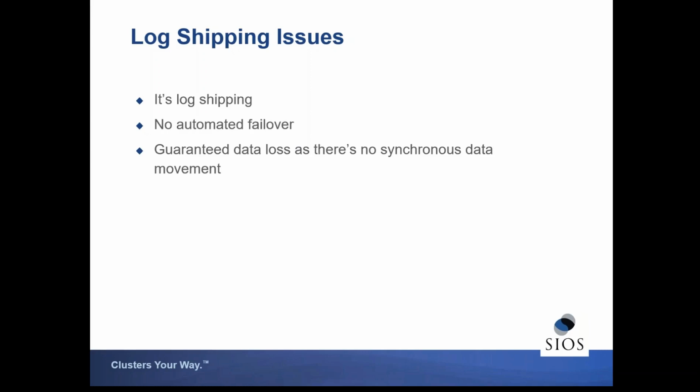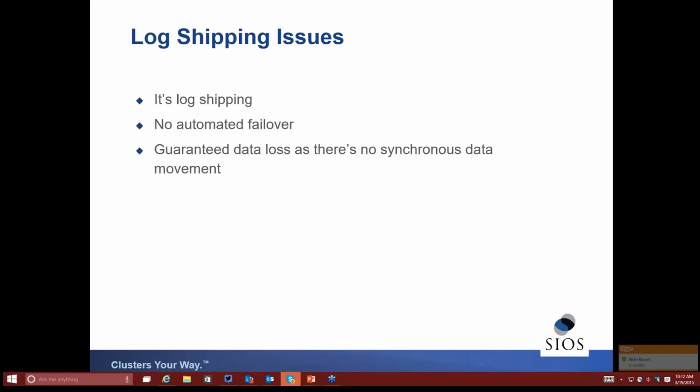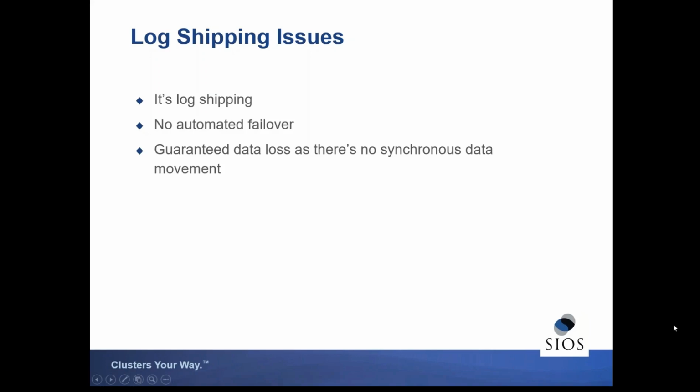Or I could put it into another cloud provider. So if I'm doing production in Azure, I could, for example, do my disaster recovery over in Amazon AWS. And I've actually got a couple of clients that I'm working with right now that are doing that exact configuration, because they want to make sure that no matter what, they don't have any sort of reliance on any single cloud provider.